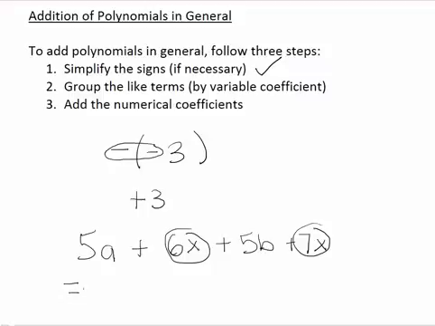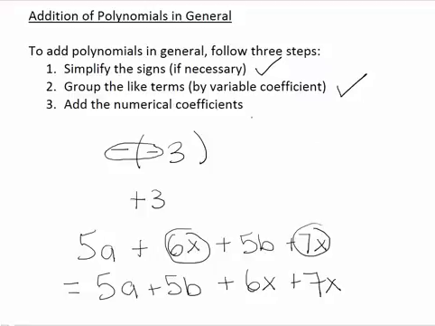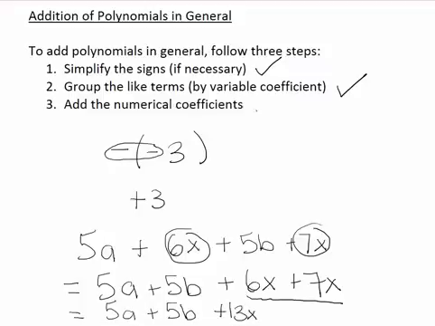We would rewrite this as 5a plus 5b, and then put the like terms all together. Our next step is adding the numerical coefficients. Anything that is alike, we can add together. So this 7x and 6x, we can change to 13x. And that was our final step.